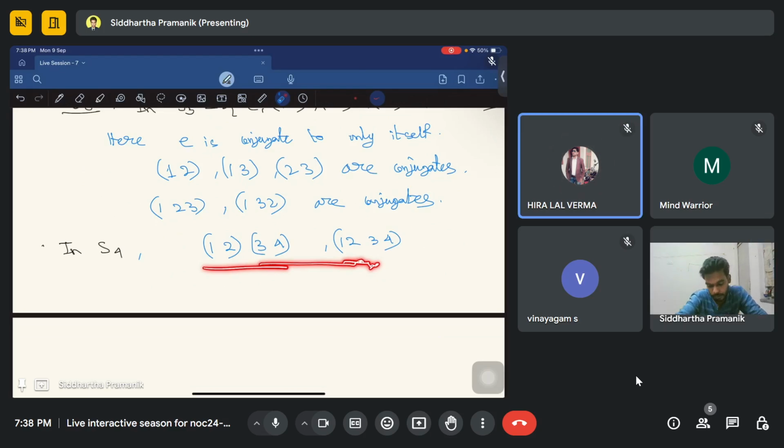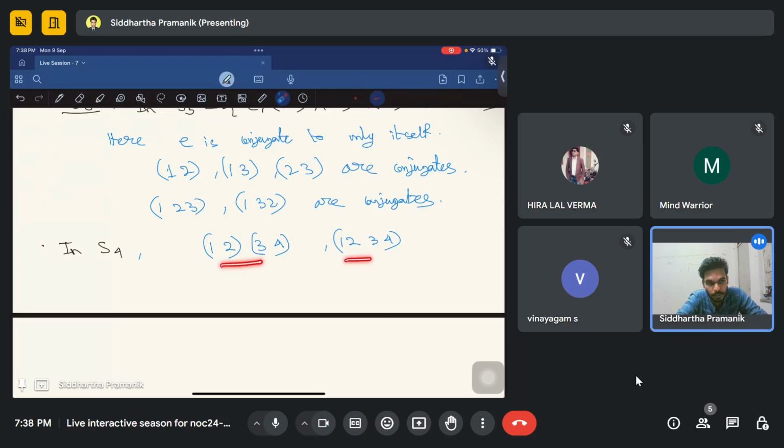No, because this is a product of two cycles and this is a 4-cycle, so they have different cycle structures and cannot be conjugate. One more thing: conjugate elements have the same order. This is a 4-cycle so it has order 4, and the other has order 2. So these two are not conjugates.